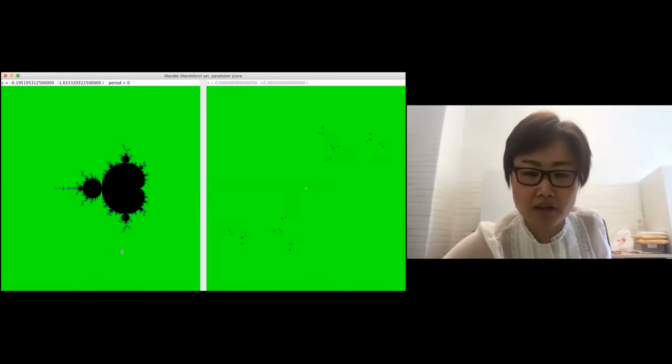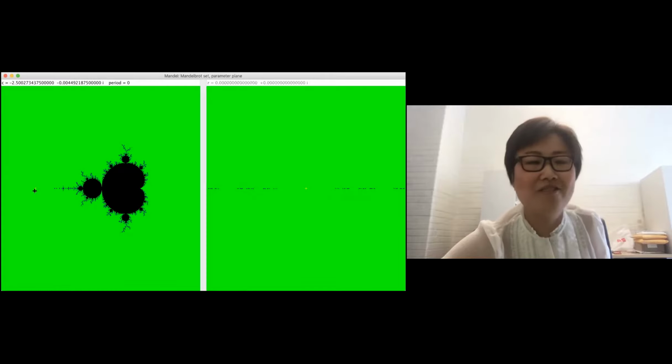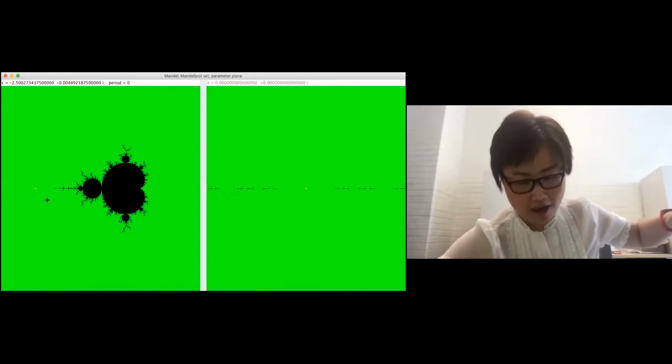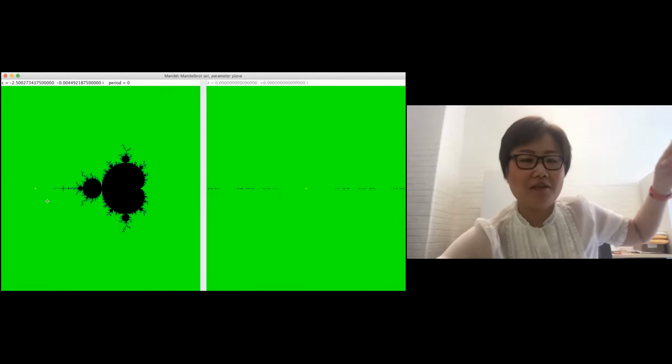You can see the Cantor set just keeps rotating, and here you will get a cauliflower. And then the cauliflower will rotate again, and it will come back. If I come back to the starting point, it will again be a Cantor set which is contained in the real line.